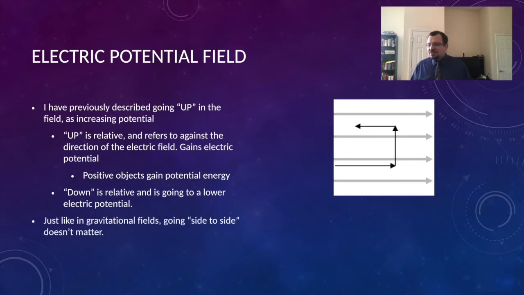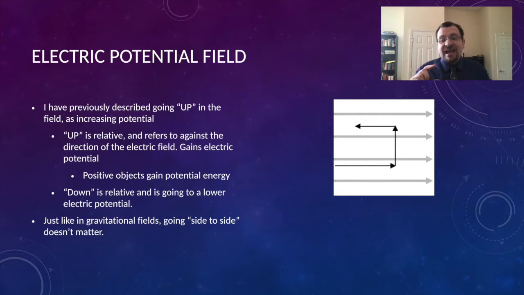And just like going side to side in a gravitational field doesn't gain gravitational potential or gravitational potential energy, moving side to side in an electric field doesn't do anything.